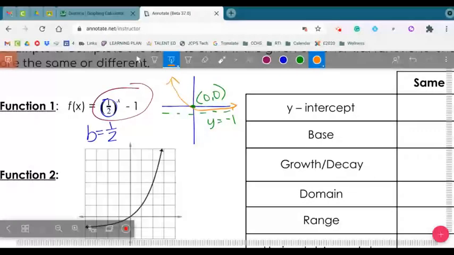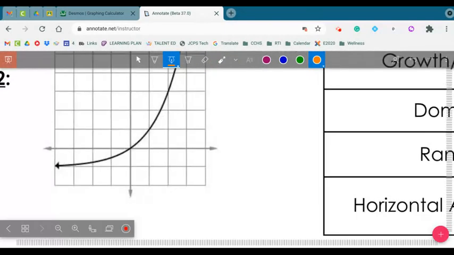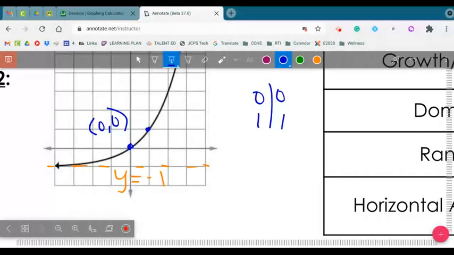Okay, so I have my three things, my b, my y-intercept, and my horizontal asymptote. So this one, our horizontal asymptote is y equals negative 1. Our y-intercept is 0, 0. And then our b value, we have 0, 0. And the next point is 1, 1.